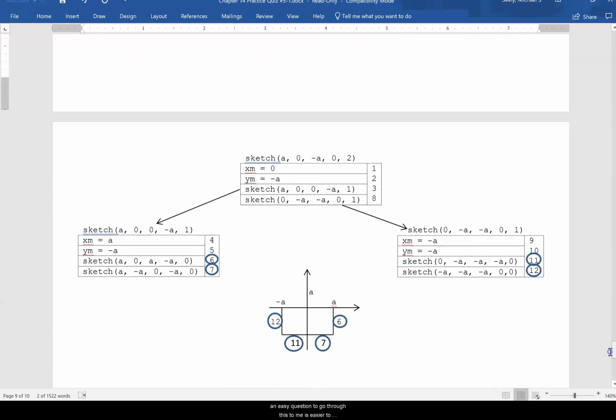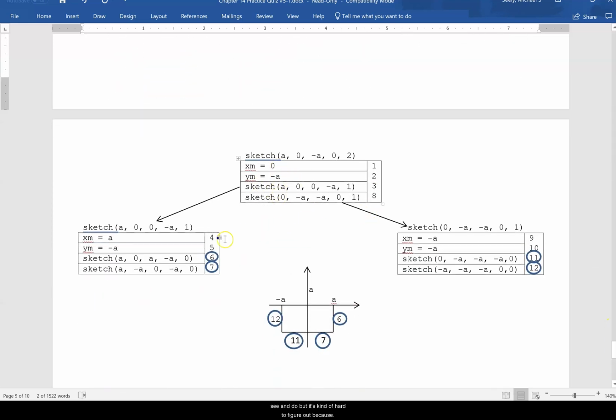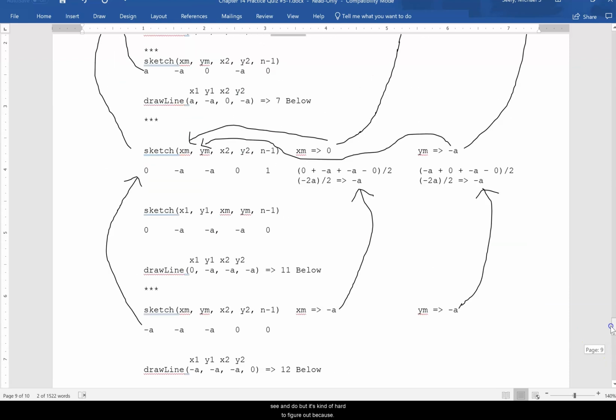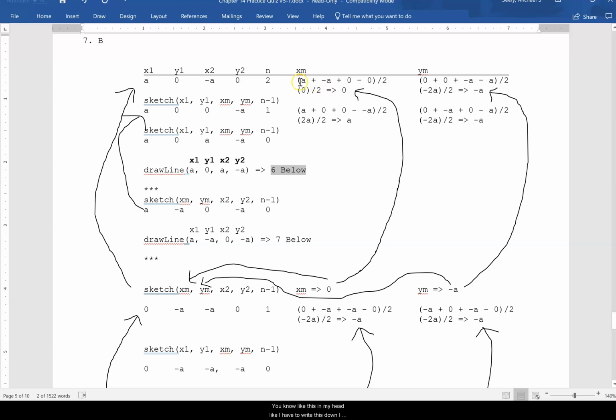This to me is easier to see and do, but it's hard to figure out in my head. I have to write it down to see what my xm is. I have to write these equations out.